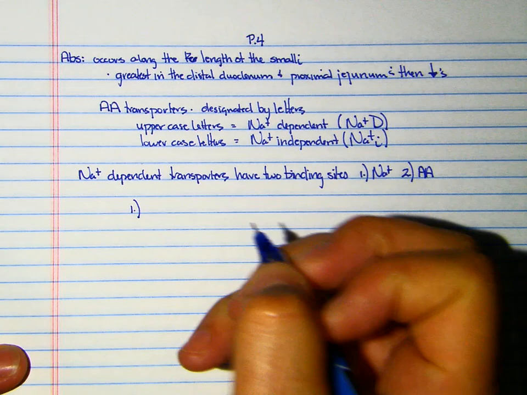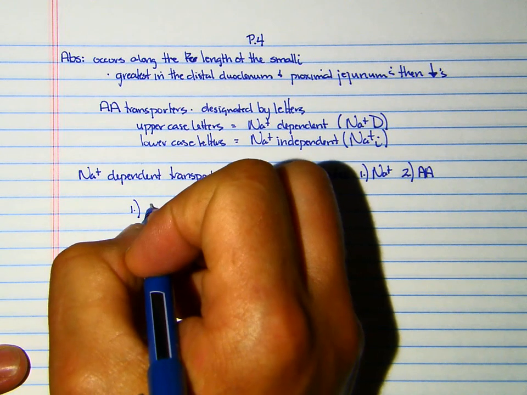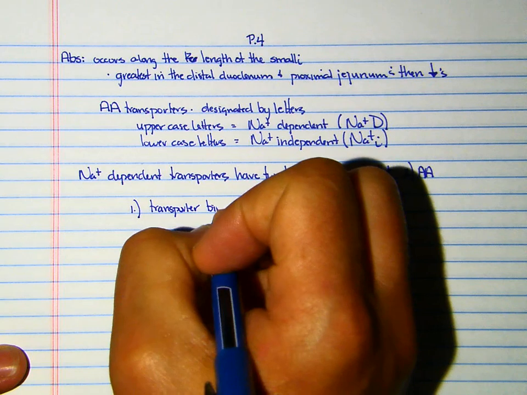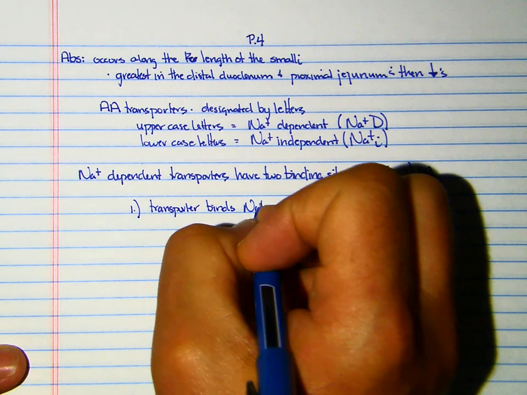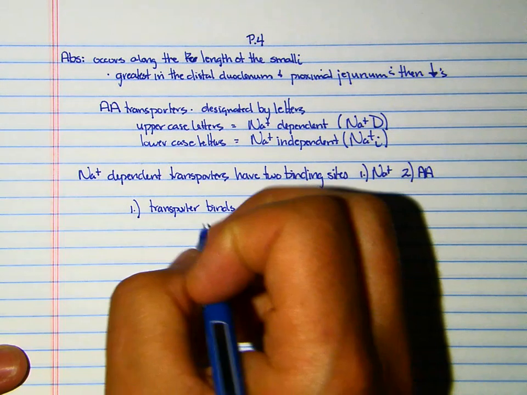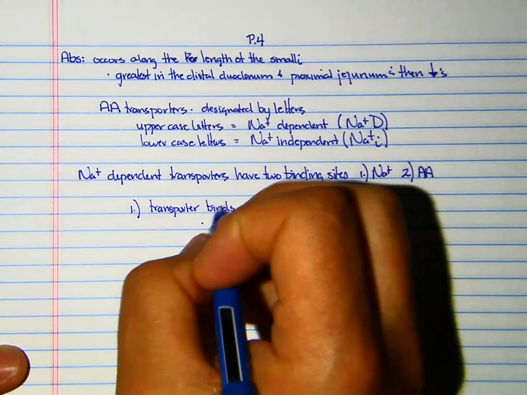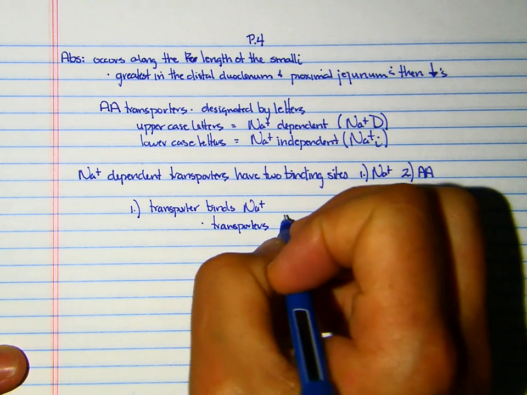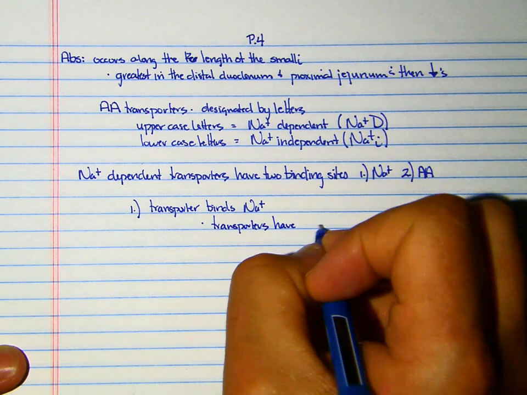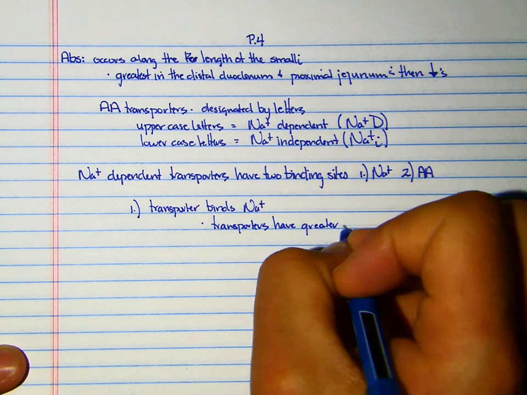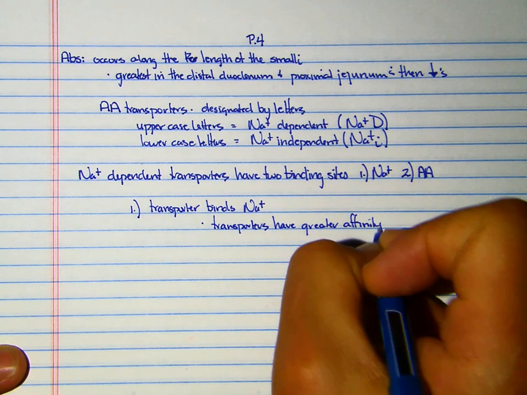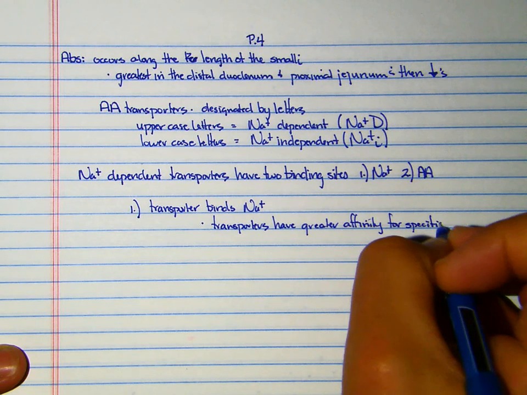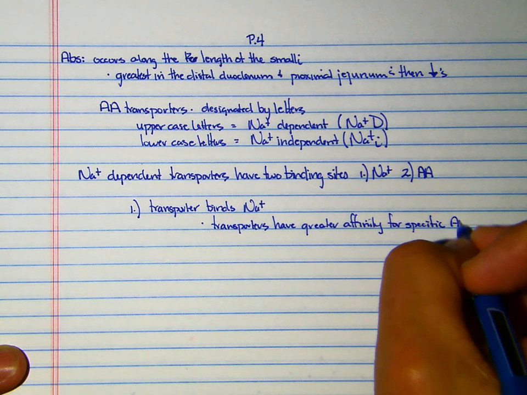Steps in sodium dependent transport. The transporter binds sodium. Something to know about that is transporters have greater affinity for specific amino acids.